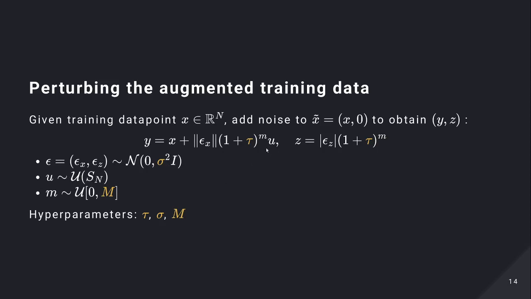And so the idea is that you take your initial data point, you take some point on your sphere that you want to point to, and then you add some Gaussian noise, and then this 1 plus tau term, tau I assume is greater than 0, and because m is another random variable, it's basically a control on the radius.